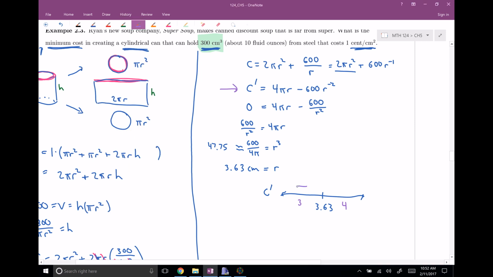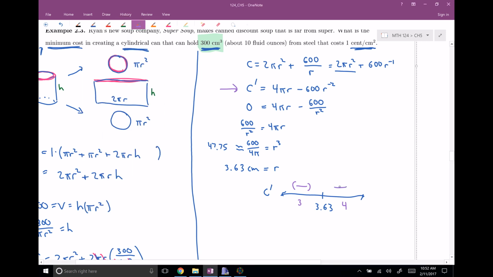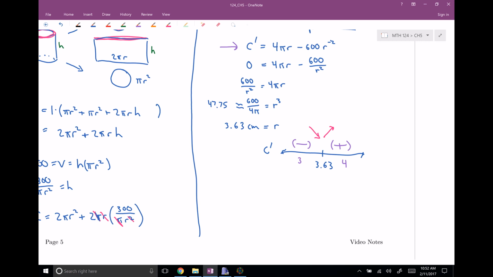And at 4, we can see we have a positive number, 12 and change, pretty close to 13. So if you go from negative, that means our function is decreasing, to a positive, that means our function is increasing, we form a little minimum. So 3.63 is a minimum for r.